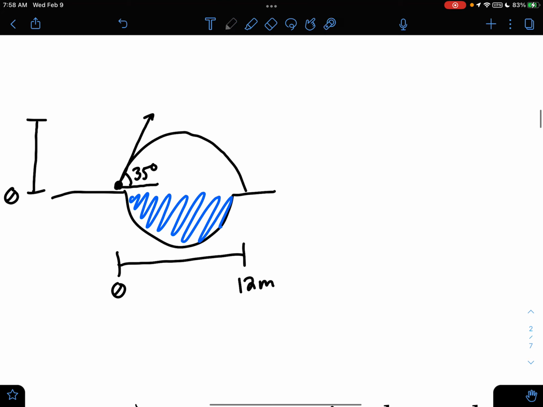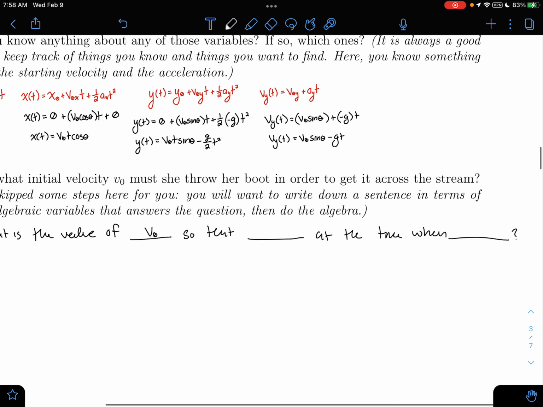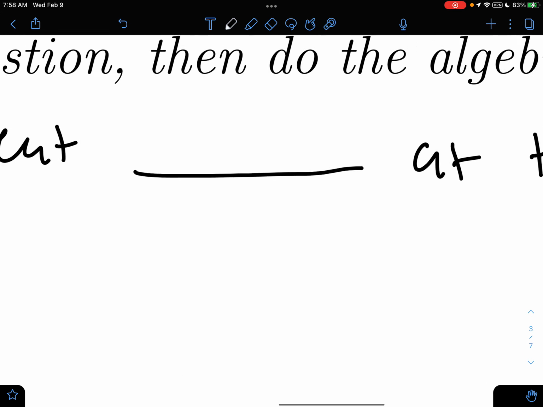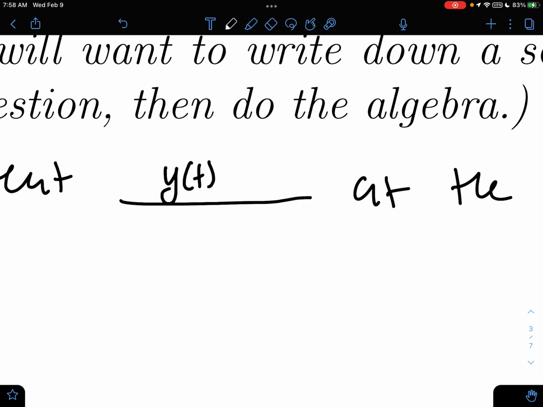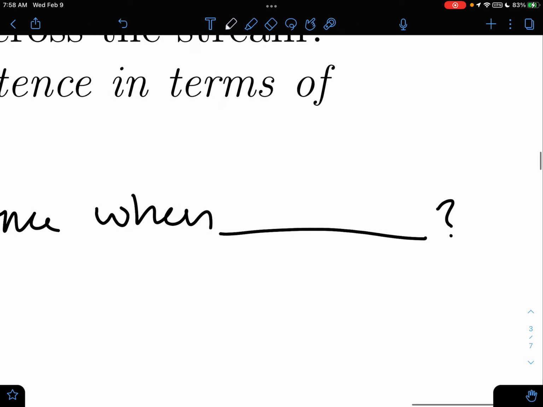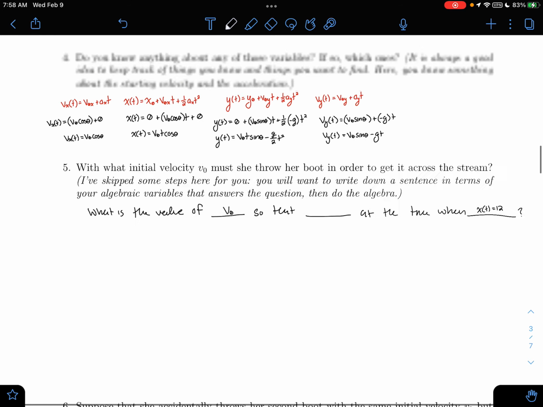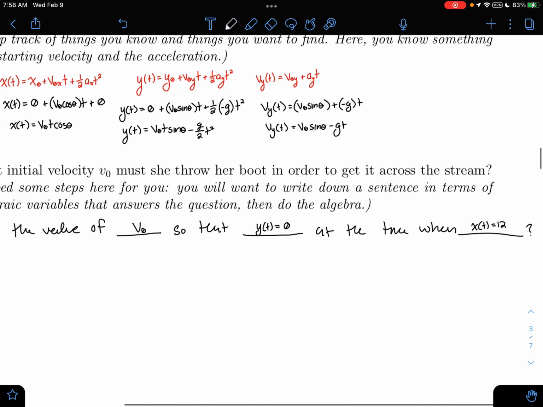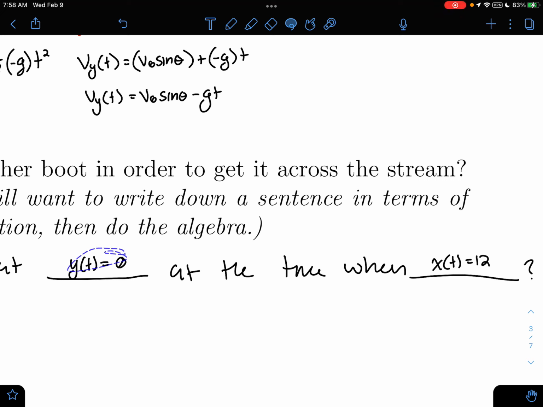If we look, we're landing over here. What's going to be true is our x is going to equal 12, and our y is going to equal 0 again. So what is the value of v naught so that y equals 0 at the time when x equals 12? Sorry, I'm going to flip these just for ease later.